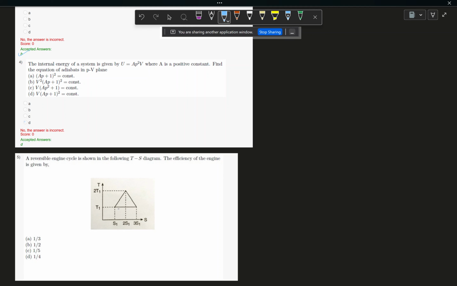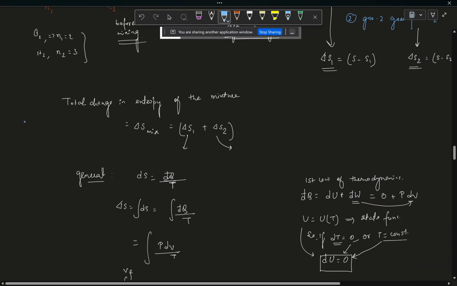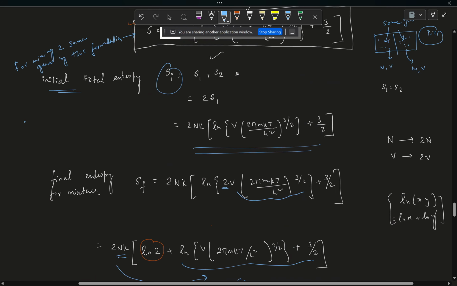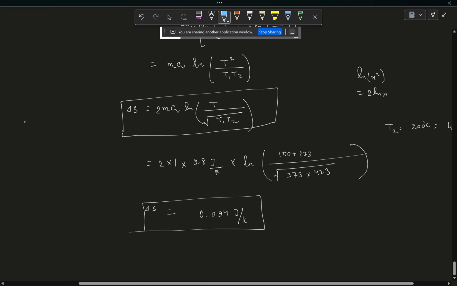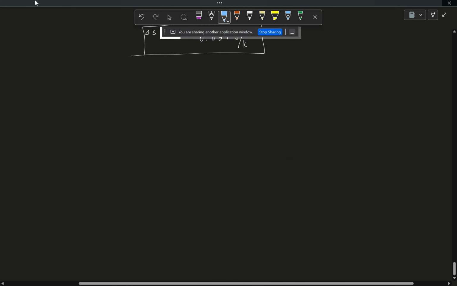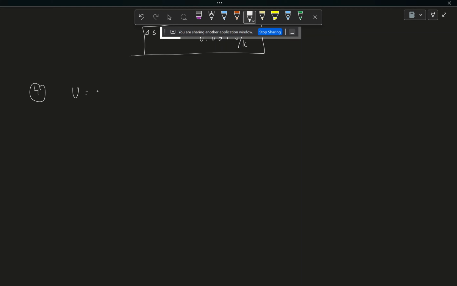Now how to do this is very simple, because they have mentioned the equation of adiabats, which means you have to enter the condition of a system or a process to be adiabatic. So let us do that. Question number 4 is U equal to A P squared V, and A is a constant which is greater than 0.